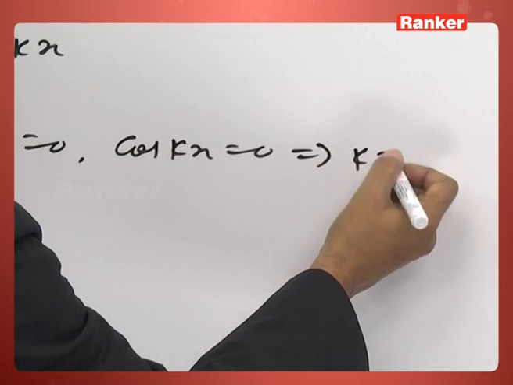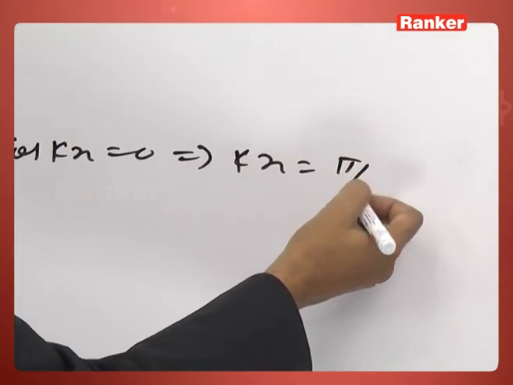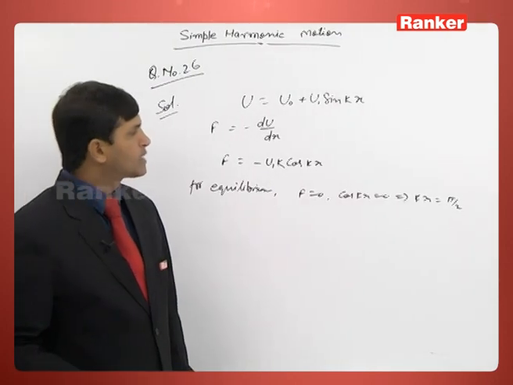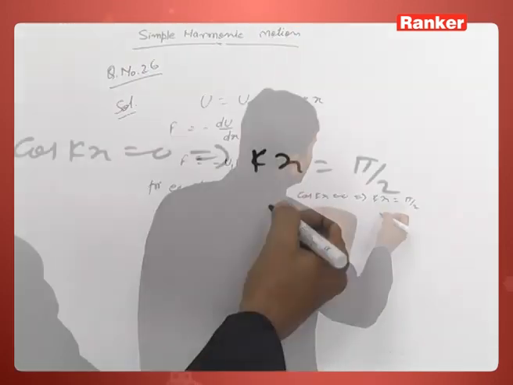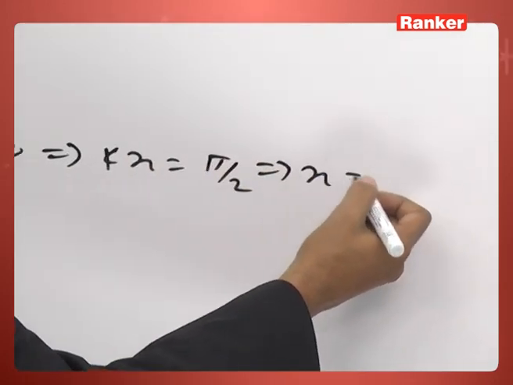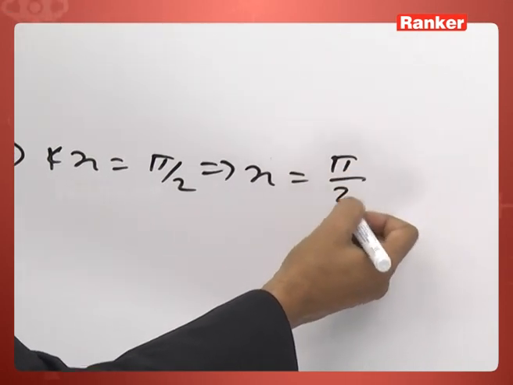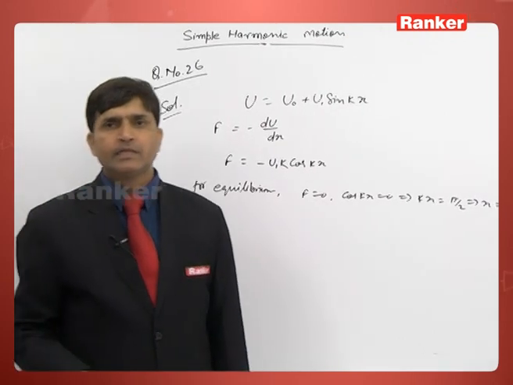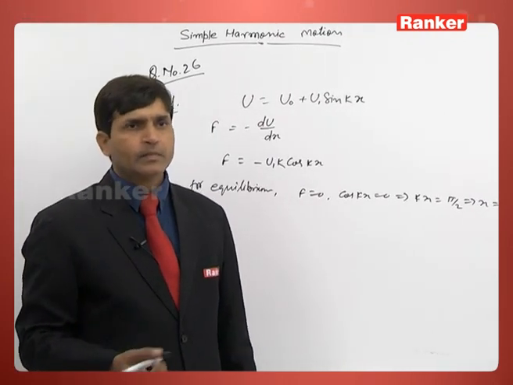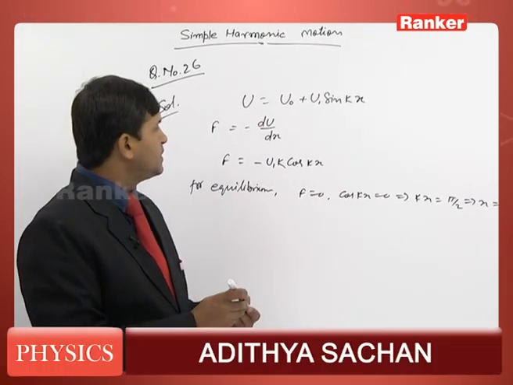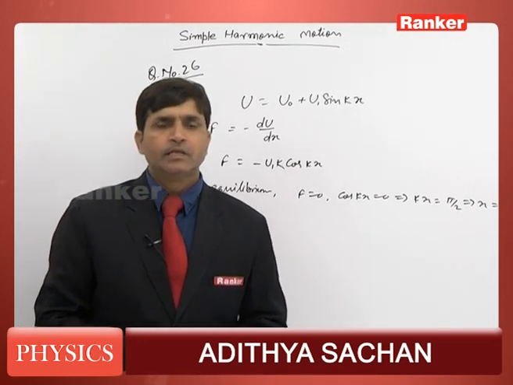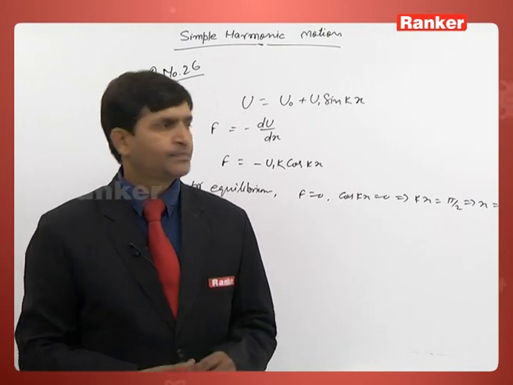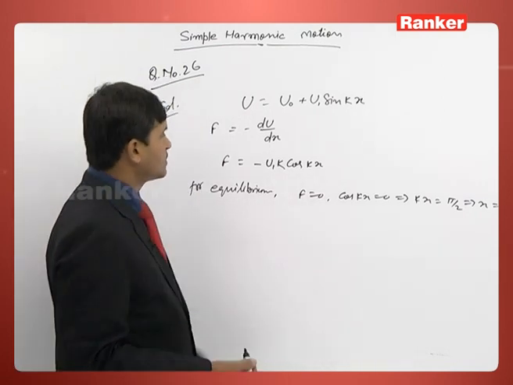That gives us kx is equal to pi by 2, or x is equal to pi by 2k. At this position the net force is equal to 0. Now we want the restoring force, so when we displace the particle from this position, we can get the restoring force.